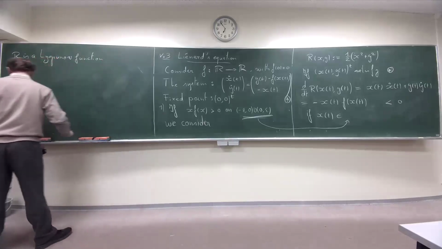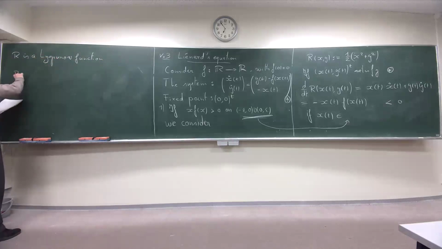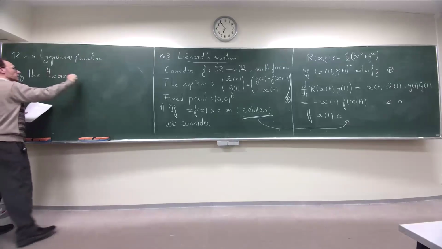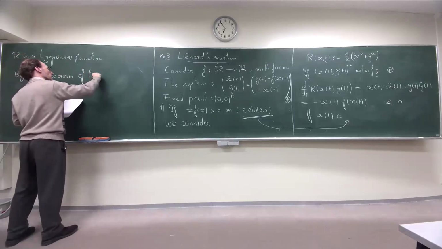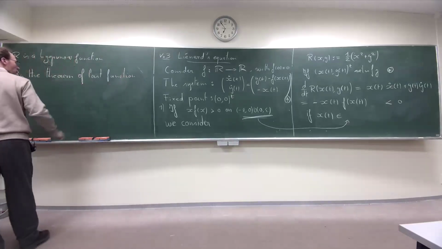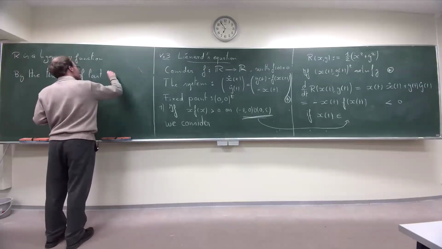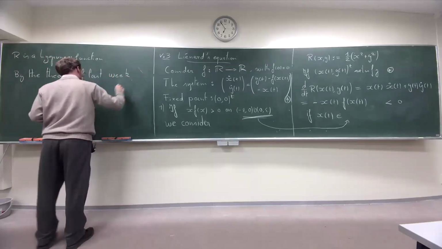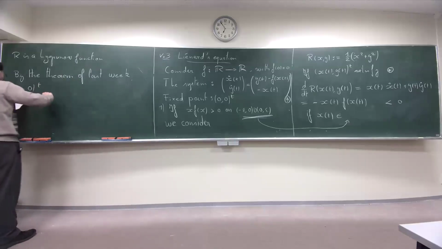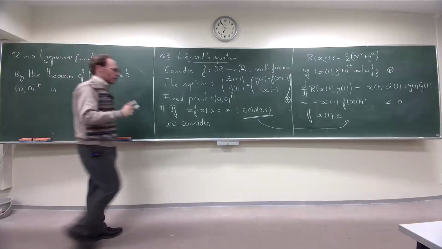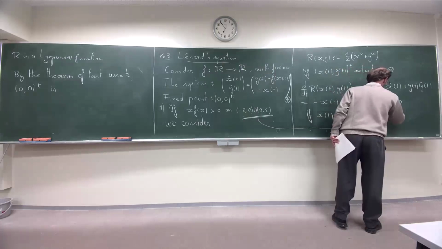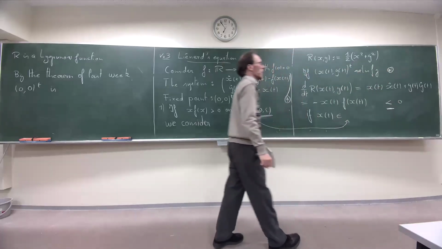And by the theorem that we have seen last week, I don't remember the number, about Lyapunov functions, you get that (0, 0) is, and it's strict. There were two conditions last week in the theorem. One was weaker, if we have a non-strict one, but this one is strict.